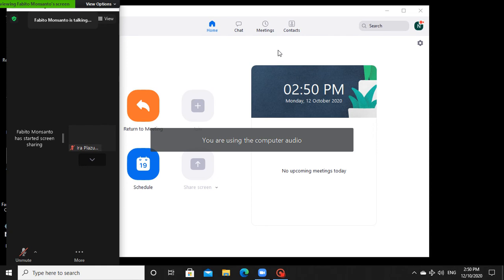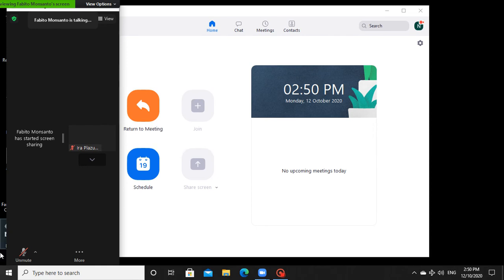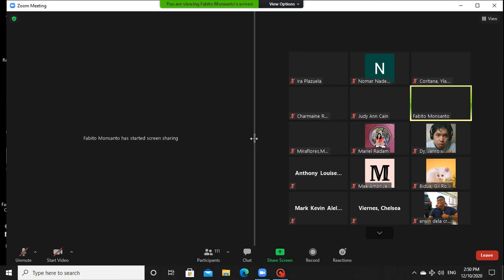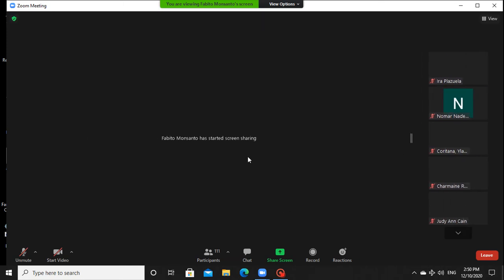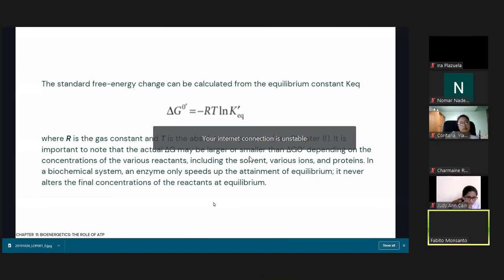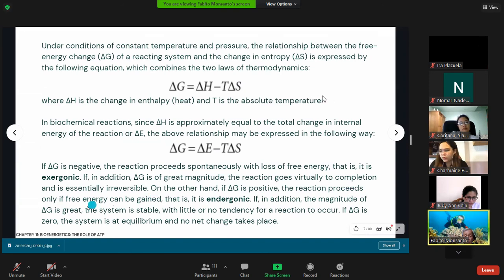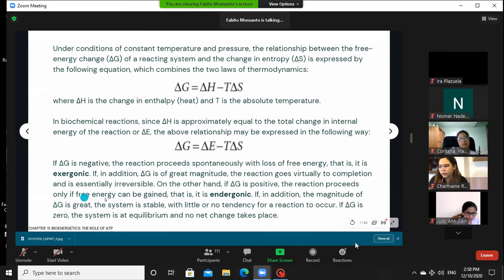If delta G is negative, the reaction is exergonic. On the other hand, if delta G is positive, the reaction proceeds only if energy is supplied to it.